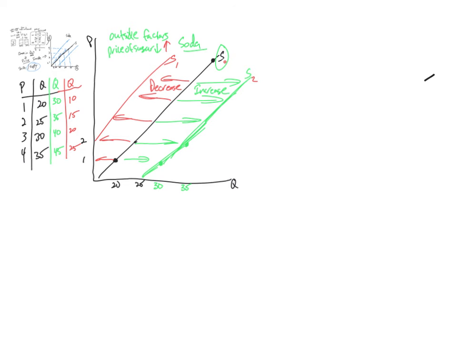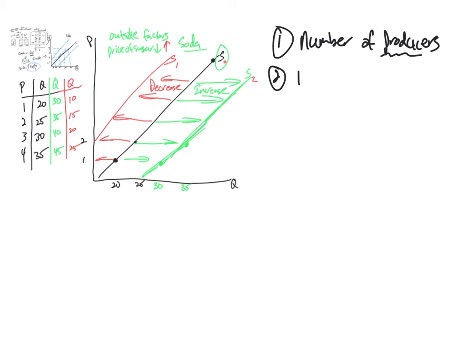So, supply shifters. The first one is the number of producers, like how many people are choosing to produce this good. If a market becomes more profitable, we might see firms enter, and therefore it's going to shift the supply curve.